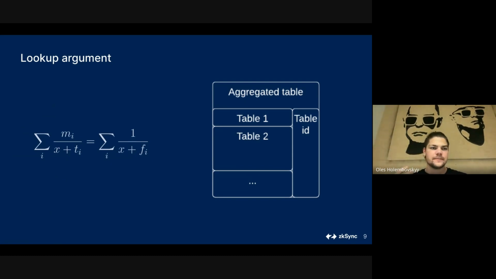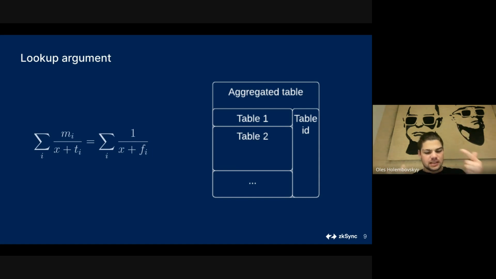And then when you want to XOR 2 bytes, you don't actually need to do some complex stuff. You just need to prove that this triple of numbers actually exists somewhere in this table.